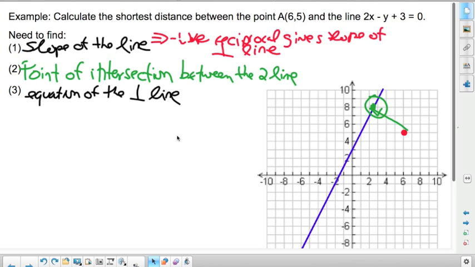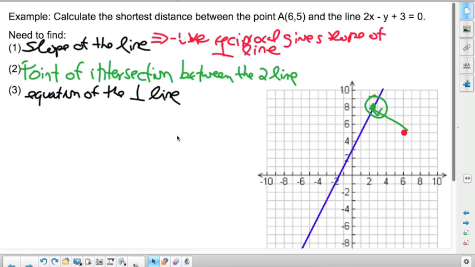Which one can we do first? Could we just take the point from the dot and the point that we chose and then do the length formula? We don't know that point though. Well, we know the red point, but we don't know the green point.